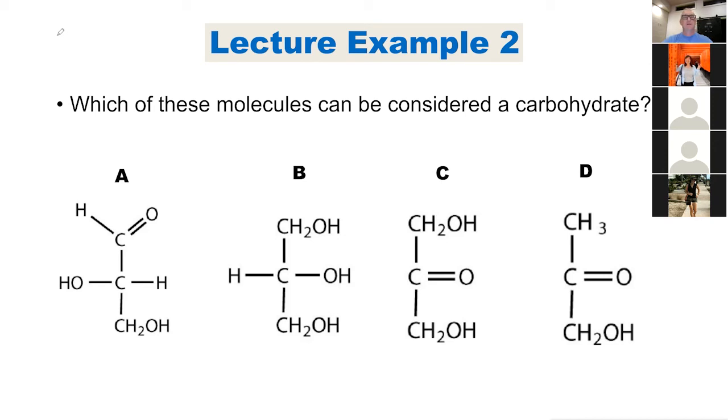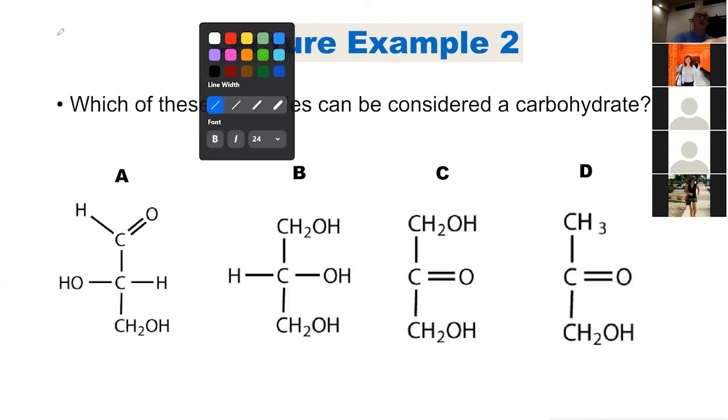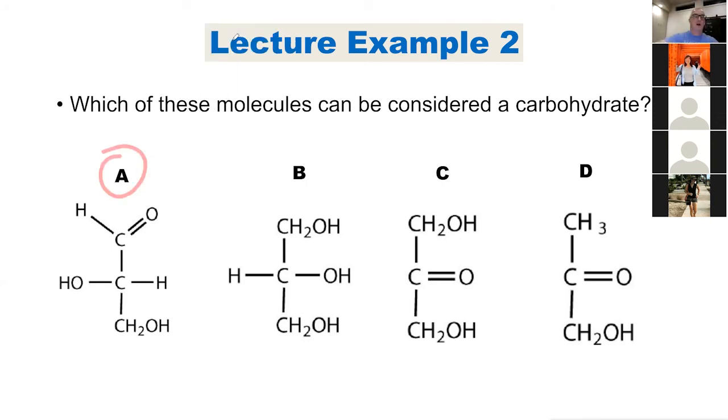And what else? Hydroxy. How many hydroxy groups? Is it at least 1? You need more than 1. Remember, it's a polyhydroxy compound. You need at least 2, and you need at least 3 carbons. So all of these have 3 carbons, so they all could be carbohydrates. But let's look at A first. Could that be a carbohydrate?